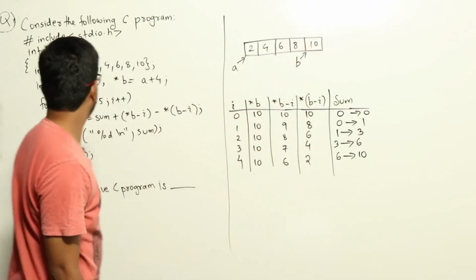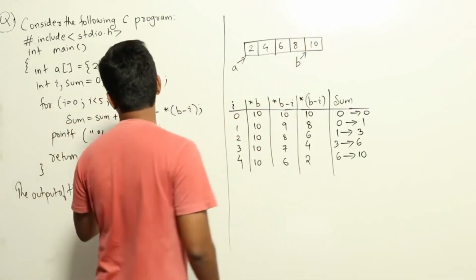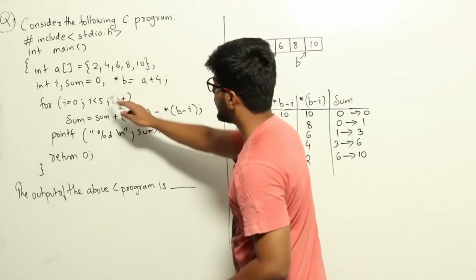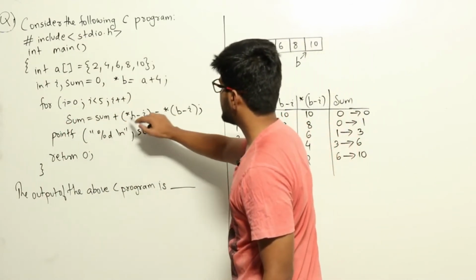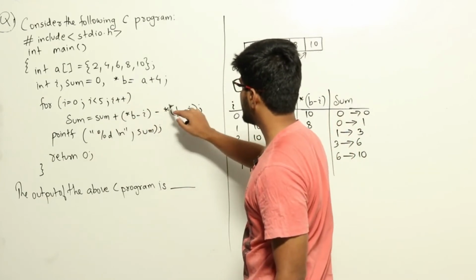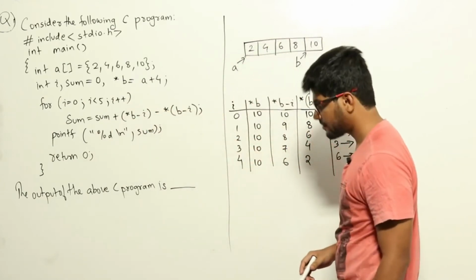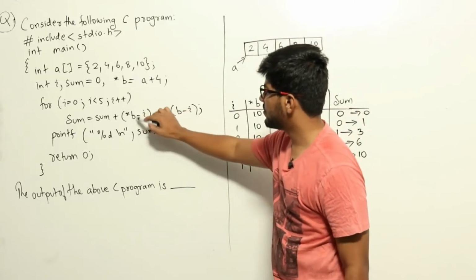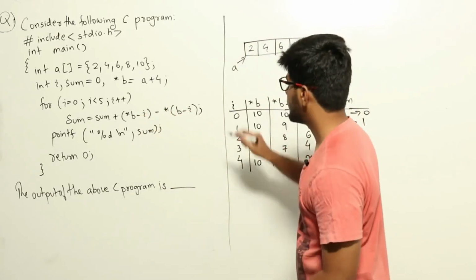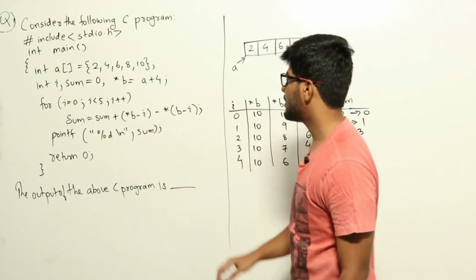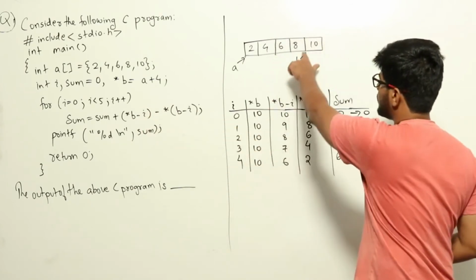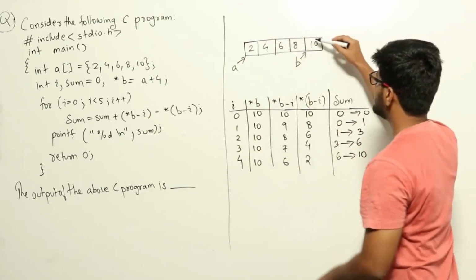Now here we are doing for int i equal to 0, i less than 5, i plus plus, we are taking sum equal to sum plus star of B minus i minus star of B minus i. Now star of B will always return whatever is the value in the array location pointed to by the pointer B. So initially B is pointing to this location, that is this element 10.